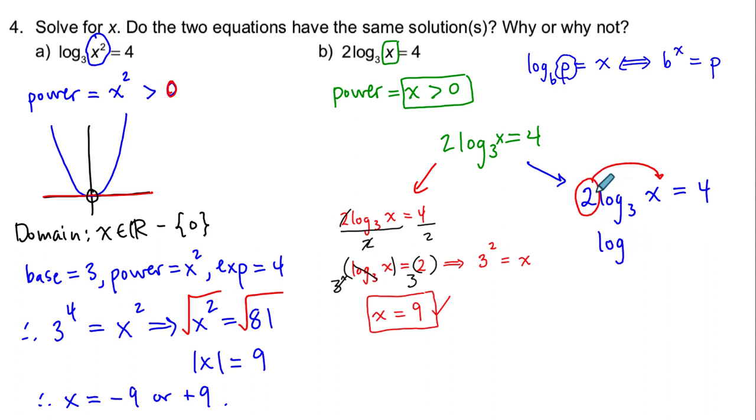And now we no longer have a coefficient in front of the logarithm, and we can go immediately to convert from log form to exponential form. So we have the base of 3 raised to the exponent of 4 is equal to the power of x squared. And so we have the same situation as we had over here. X squared equals 81, and we know that x is going to equal -9 or +9.